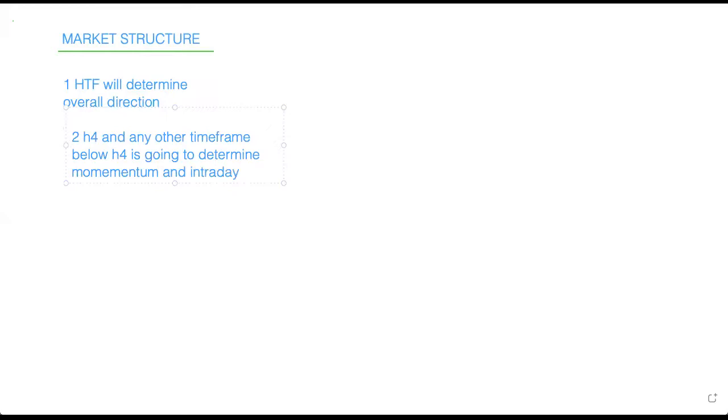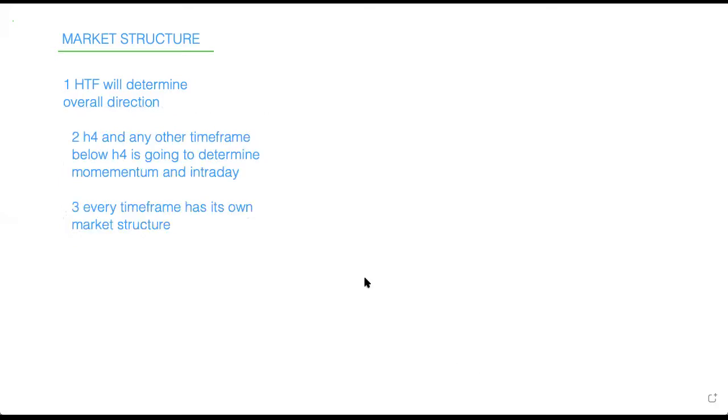What we also have to know is point number three: every time frame has its own market structure. So we have to keep this in mind.